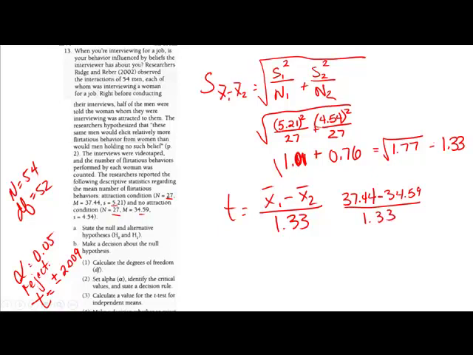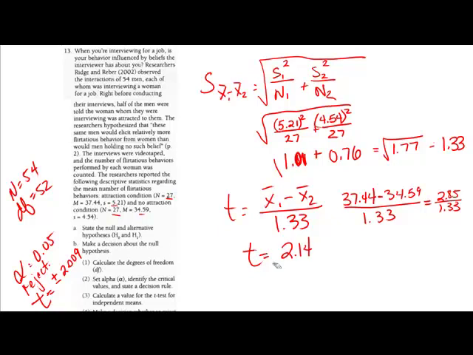Back to the calculator. So the difference in the numerator is 2.85 divided by 1.33. T is equal to 2.14.